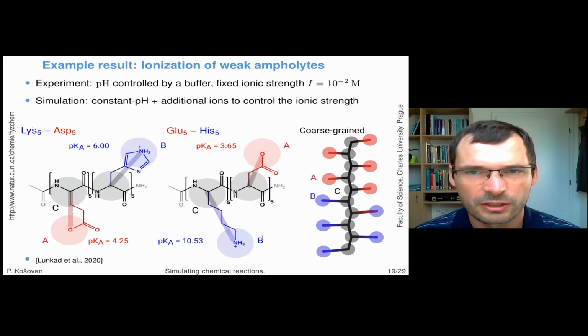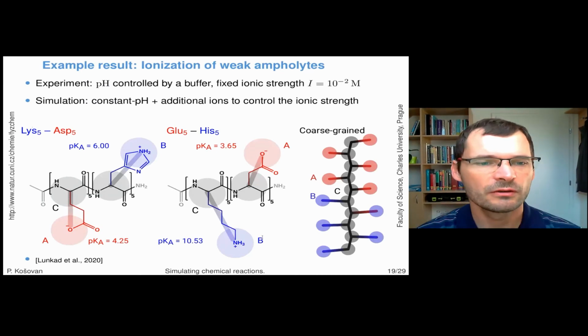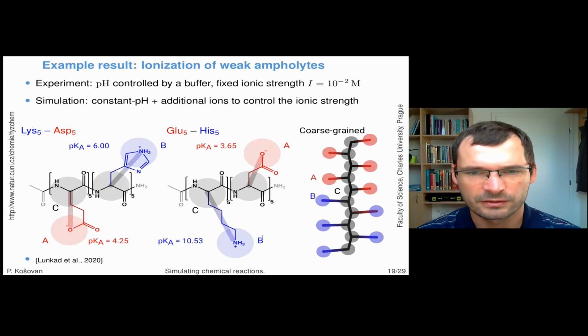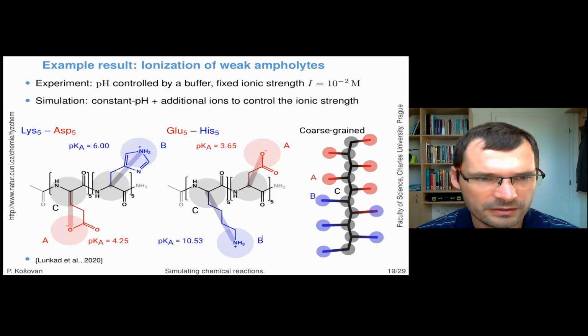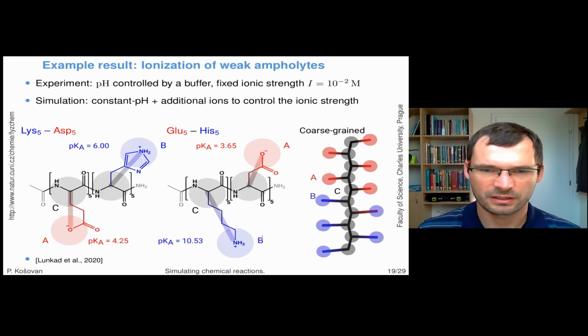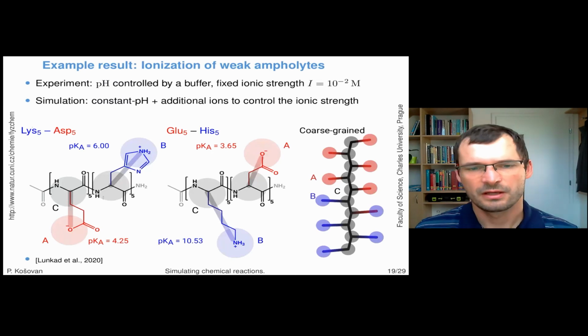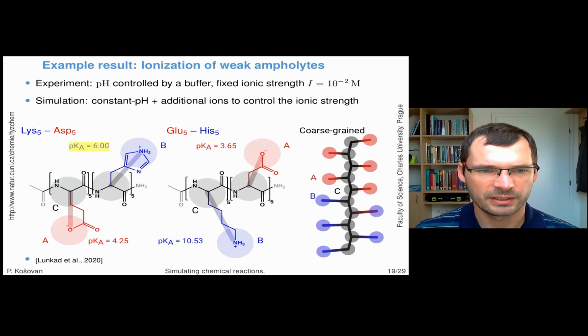To show you again an example how powerful this method is, we have simulated two types of peptide sequences, two amphiolites. Each of these peptide sequences consisted of 5 acidic and 5 basic amino acids with different pKa values.